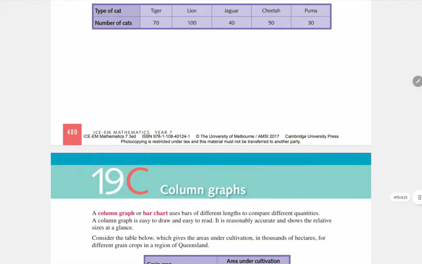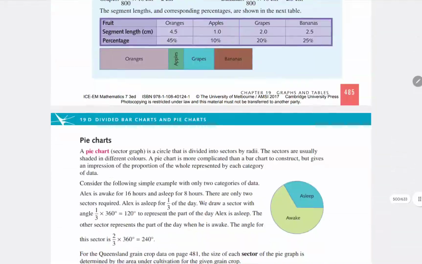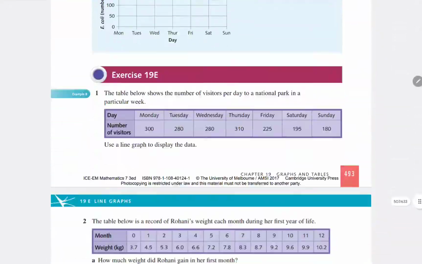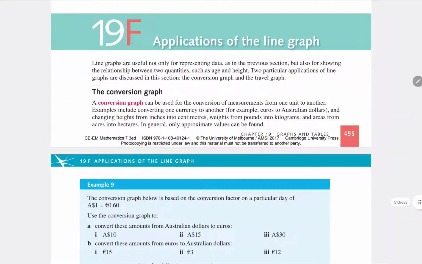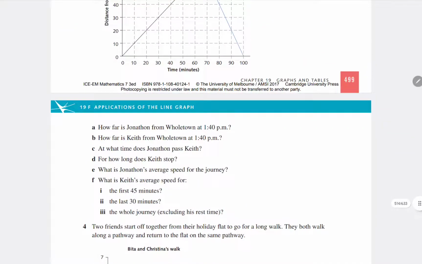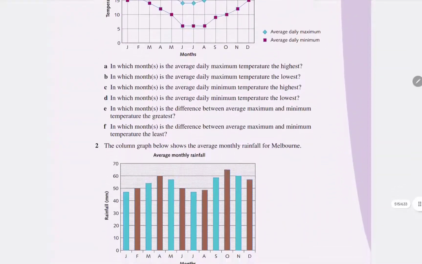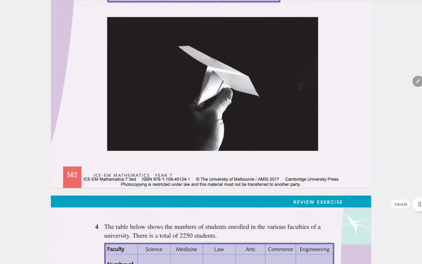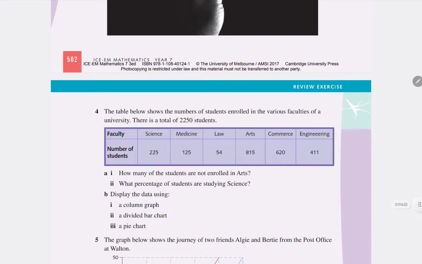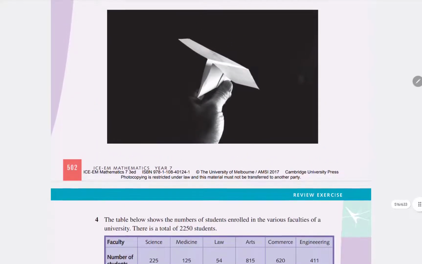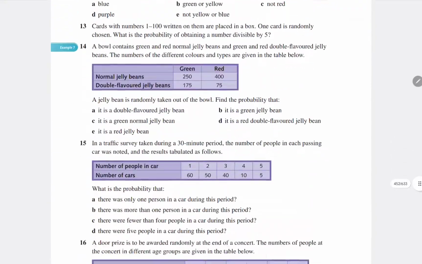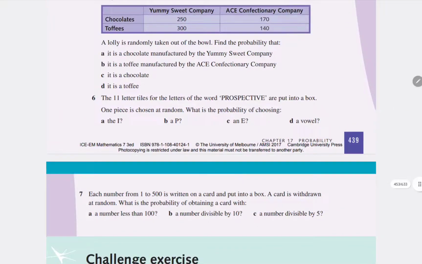No, it's not. That's probability, that's 17. I can print it and send it to you. Yeah, send that to me.